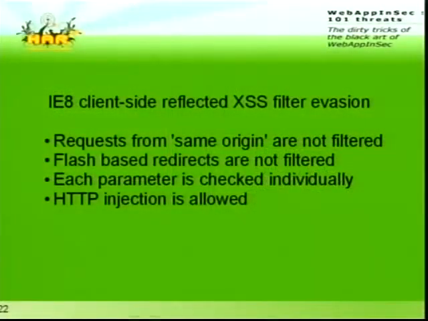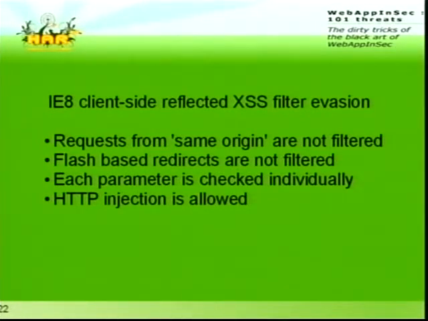So if you are able to add a reflected cross-site scripting URL on the same domain, it isn't stopped by Internet Explorer 8. Flash-based redirects, or redirects from other plugins or applications, are also not blocked.